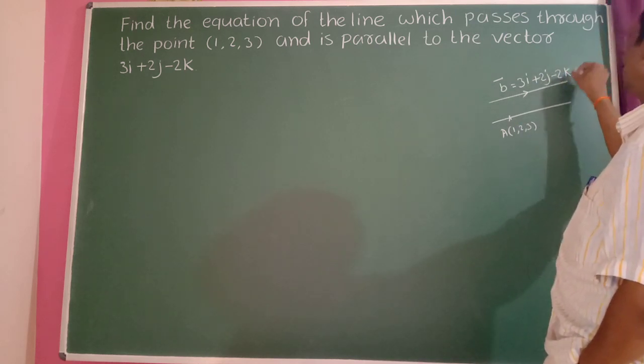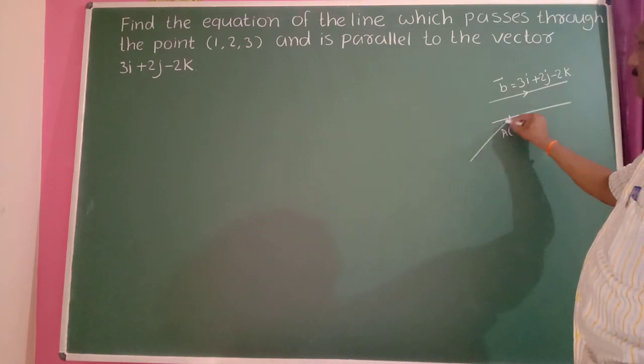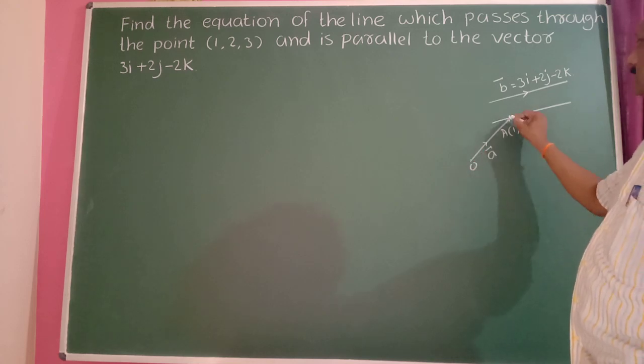This is the given vector. A bar is the position vector of the point A.